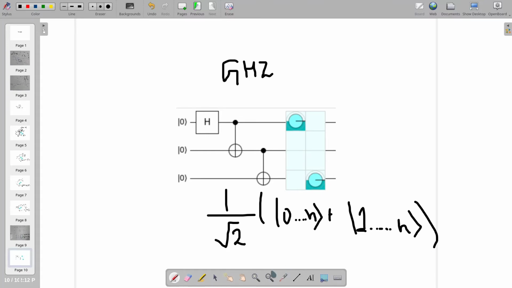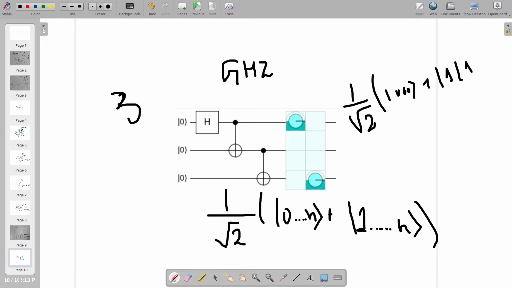So you can take any circuit and it will give you a superposition such that all n qubits are 0 or all n qubits are 1, each with a probability of 50%. So here is a 3-qubit GHZ circuit, and the output shows that this is nothing but 1 by under root 2 (0 0 0 plus 1 1 1).